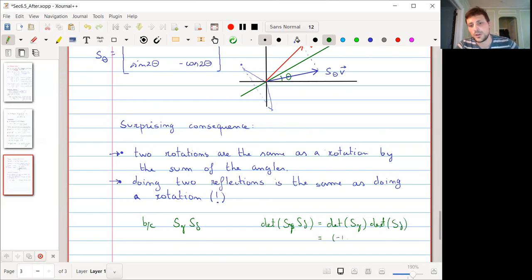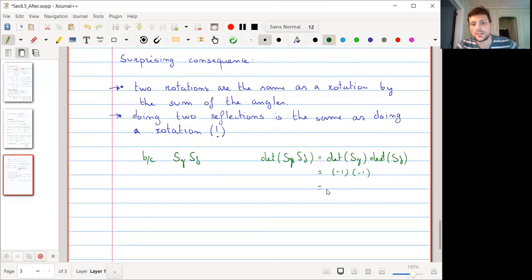But this is -1 times -1. So the determinant of this product is equal to 1. In other words, the product of two reflections must be a rotation of some other angle theta. One could compute the relation between gamma, delta, and theta, but that's beyond the scope of this class.